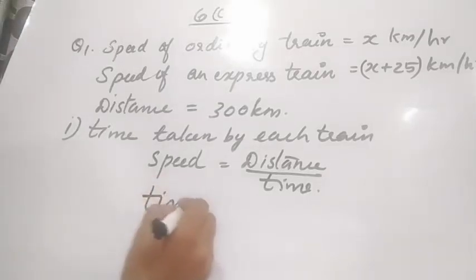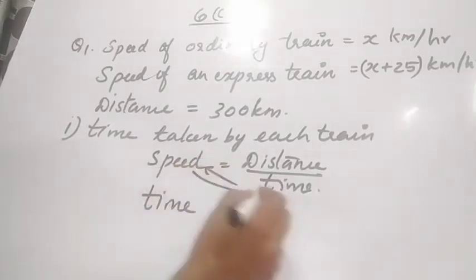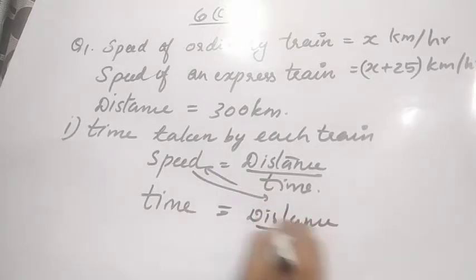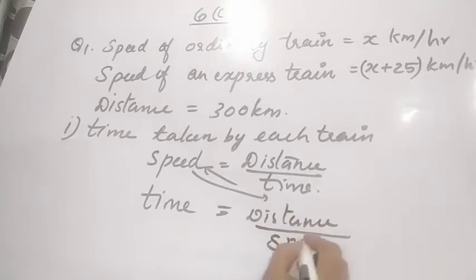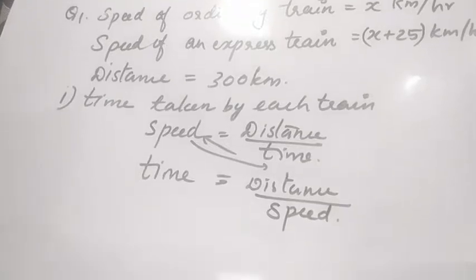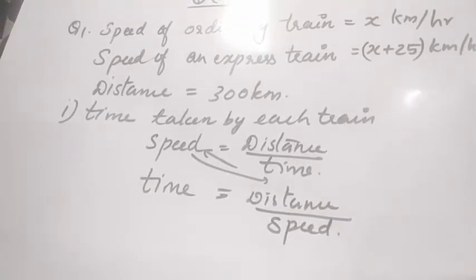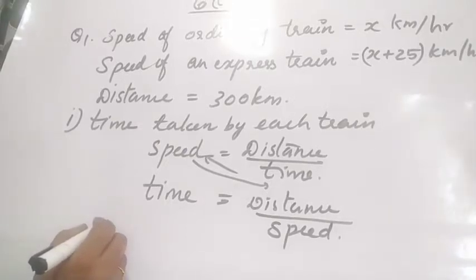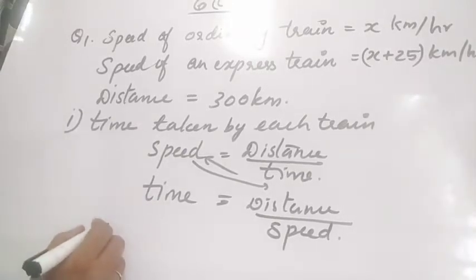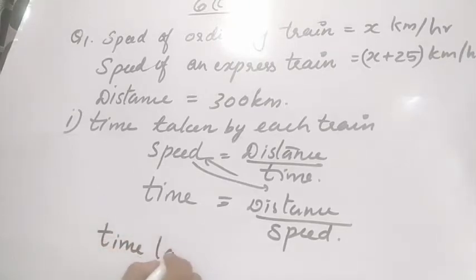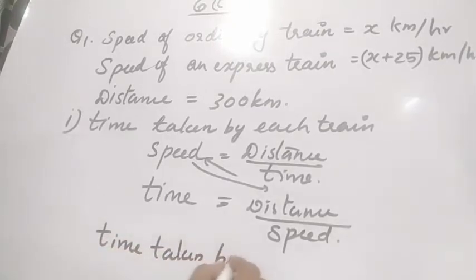Yes, time equal to distance by speed. Here speeds are given. Distance also given. So first is speed of ordinary train is x. So what is the time taken by ordinary train?